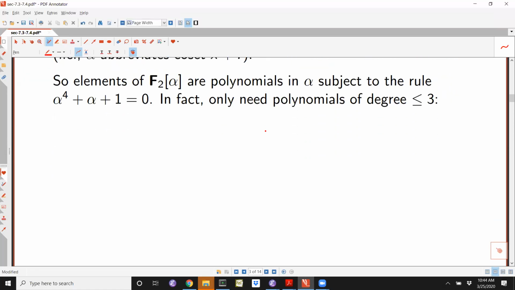So in fact, we only need polynomials of degree less than or equal to 3.